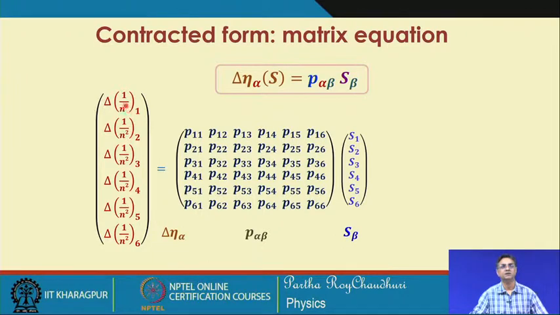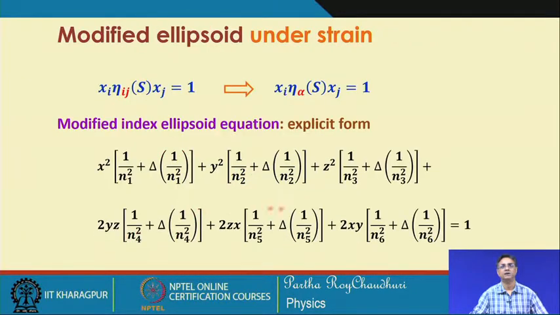So, these three are the diagonal elements, these are the off diagonal elements, this will appear twice, this will appear twice, and this also will appear twice. Therefore, this 2 has come outside, and this is the general form of the modified index ellipsoid.